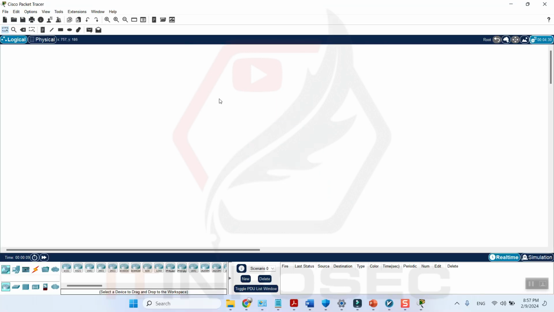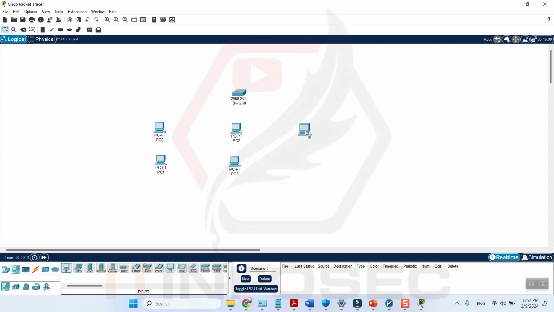Well, dear friends, this is the Cisco Packet Tracer I ran. We need a 2960 model switch, layer 2, and some PCs, for example 2 PCs in subnet 1, 2 PCs in subnet 2, and 2 PCs in subnet 3.